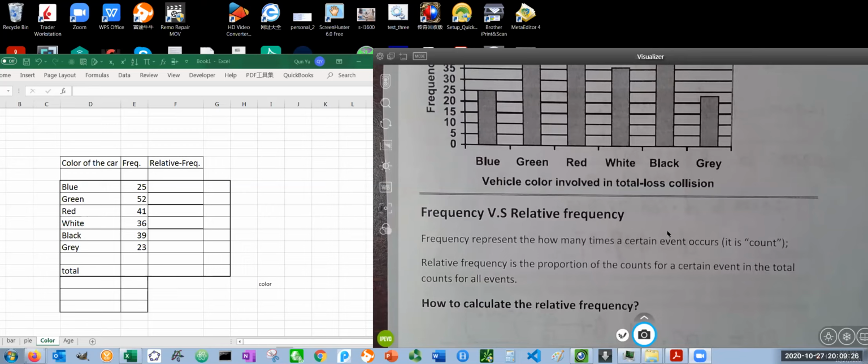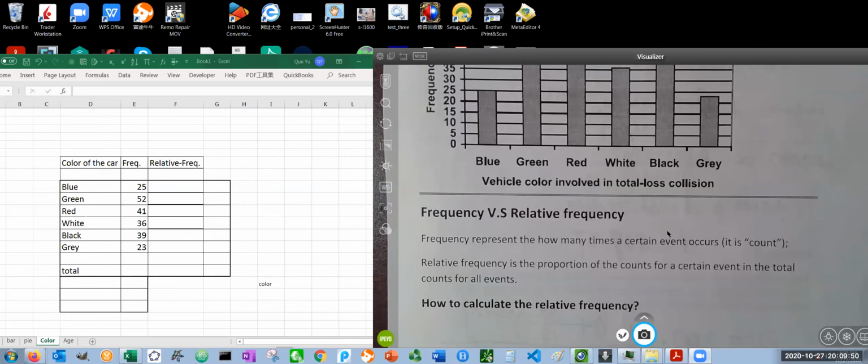Now, if I say among all of those total loss accidents, there are 25,000 accidents involving blue cars, after you hear this number 25,000, you will think, wow, blue cars are not good. So many blue cars involved in total loss accidents.